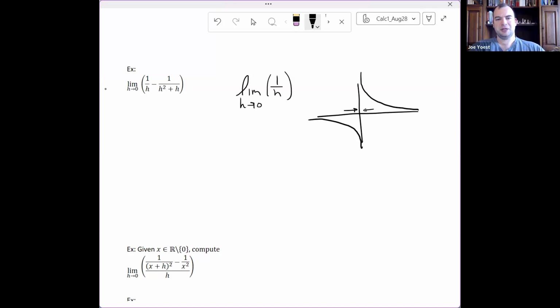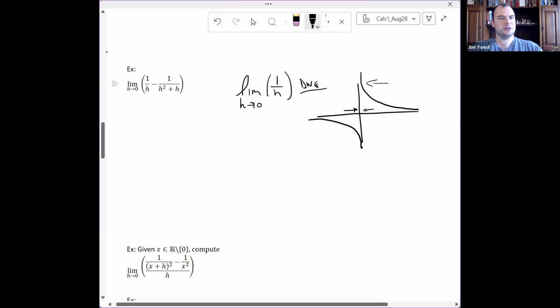So actually, this limit doesn't exist. Or if it did exist, if I was just looking at the right-hand side, the limit would be infinity, and that's not a real number. So I don't want to try splitting sums or differences apart. I don't think that's the right strategy here. That property doesn't apply in this case.